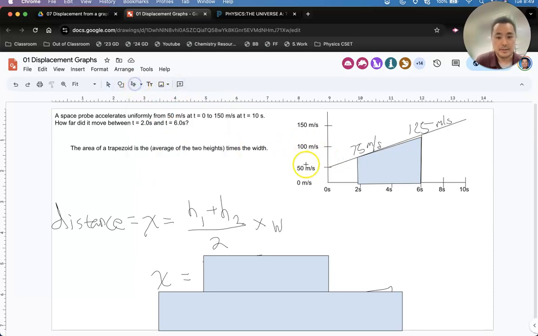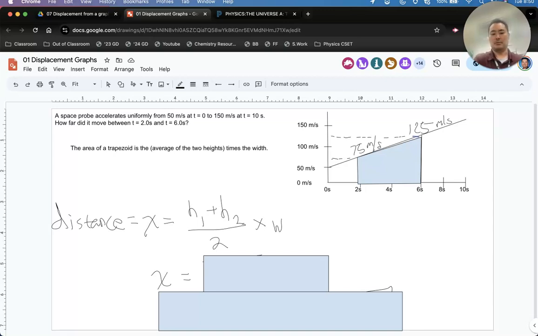So we're saying this is 75, and we're saying this is 125. Now we can plug in. You use your graph to solve.